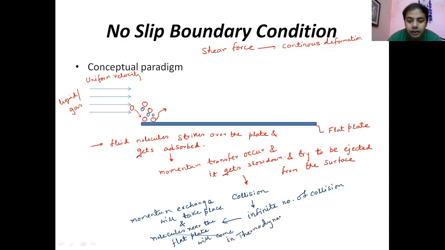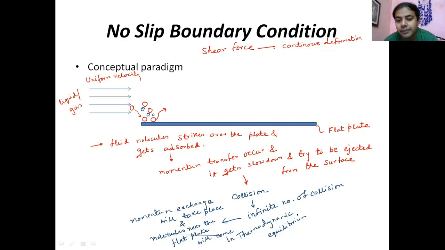Will come in thermodynamic equilibrium. Due to the infinite number of collisions, momentum exchange happens between the molecules and the flat plate continuously. And what is the consequence of it?